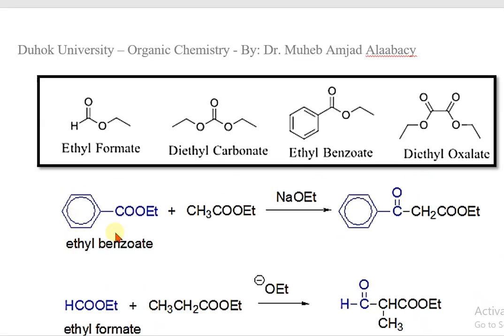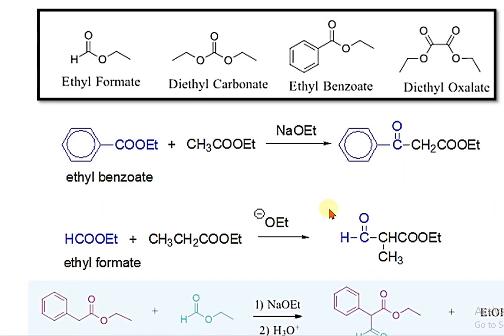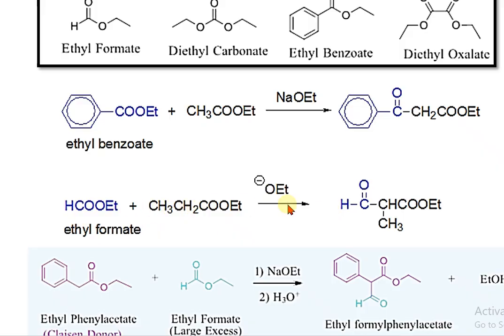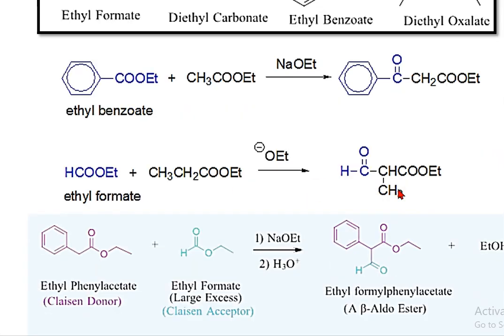So, like here, ethyl benzoate and this ester compound have no alpha hydrogen, so the carbanion is produced from the other compound. The carbanion attacks the second molecule to give you the product, the beta-hydroxy ester. In this reaction too, this has alpha hydrogen and this has none, giving this product.